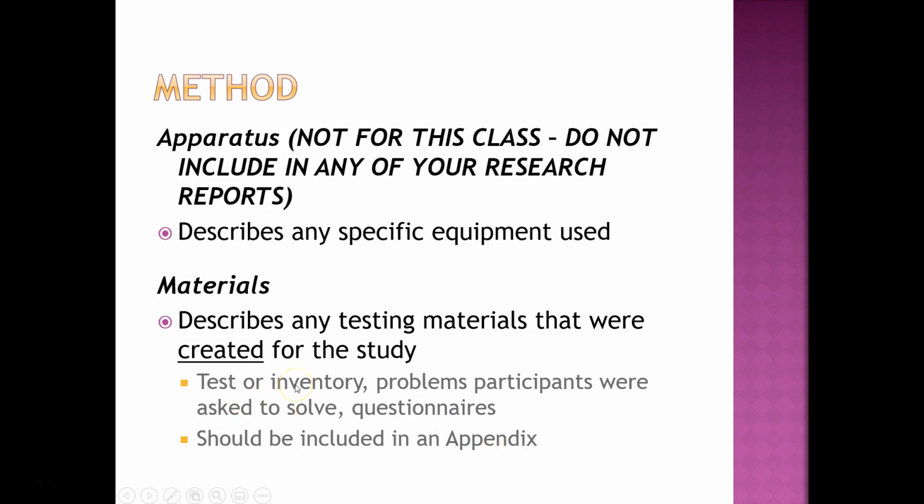Or maybe you're doing a memory test and you've created a list of words or pictures that you want your participants to remember. In your materials section, you describe what you created, and then you include it in the appendix. Since you've created it, if someone wants to replicate the study, they need to have access to it. So that's why you put a copy of it in the appendix.